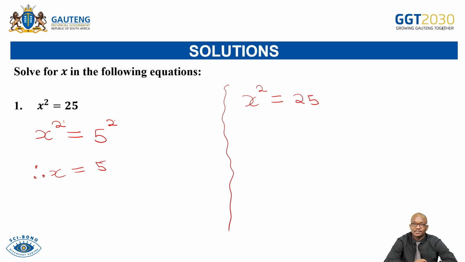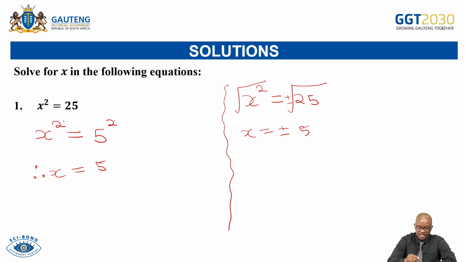If you want to solve it the other way, you can introduce the square root on both sides, giving you two values of x, positive and negative.